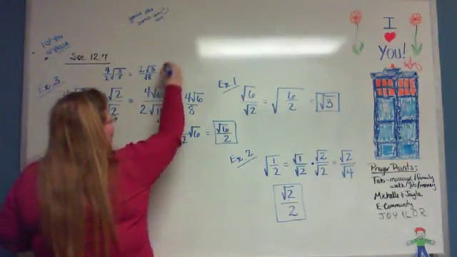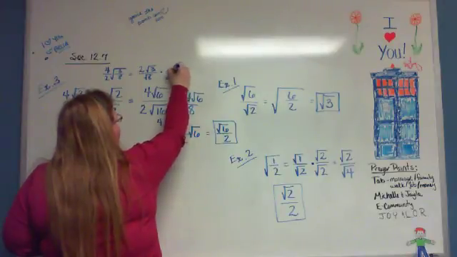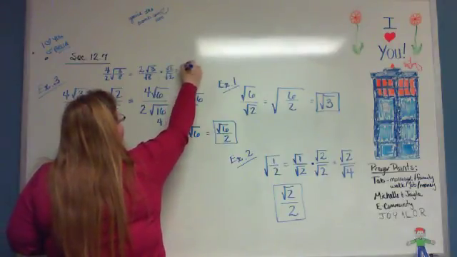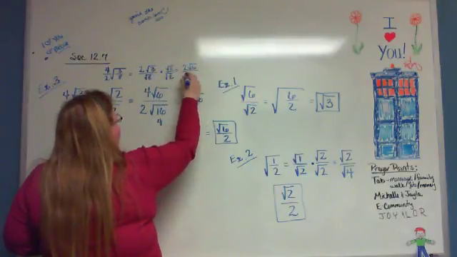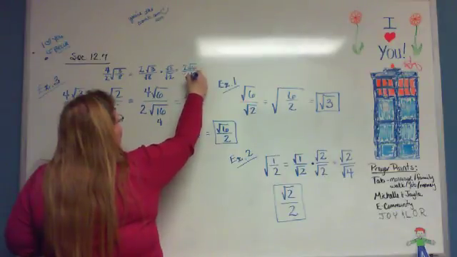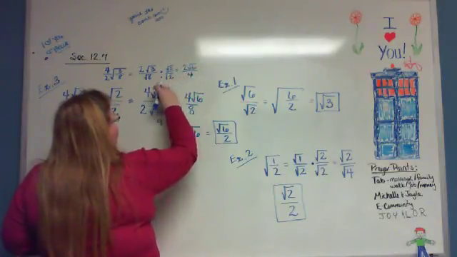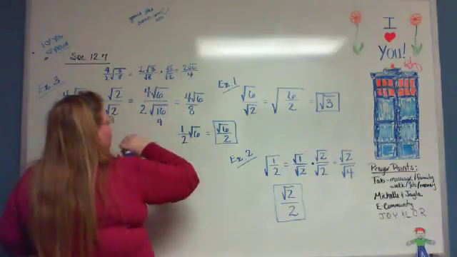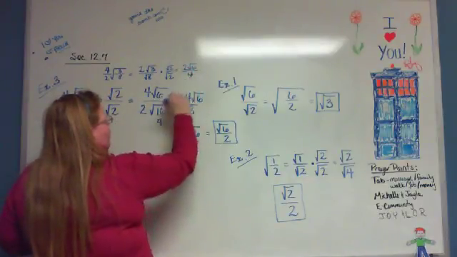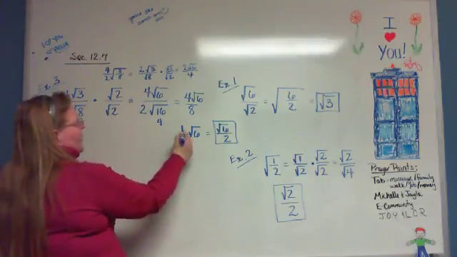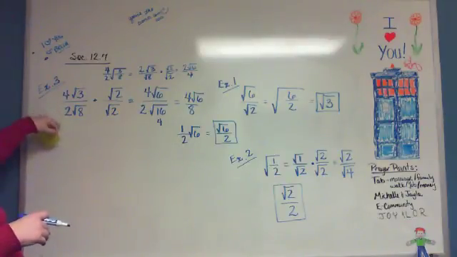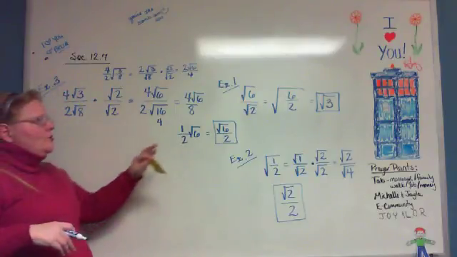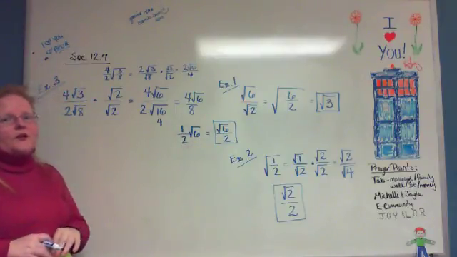So I still would have had to multiply by the square root of 2 on top and on bottom, and I would have still gotten 2 square roots of 6 on top, and 4 on the bottom, because that's 16 and the square root of 16 is 4, and I still would have had to reduce down to 1/2 square roots of 6. Still going to happen the same way. So it's okay if you want to reduce in the beginning if you can and if you see it, but you have to make sure it's reduced by the end regardless.